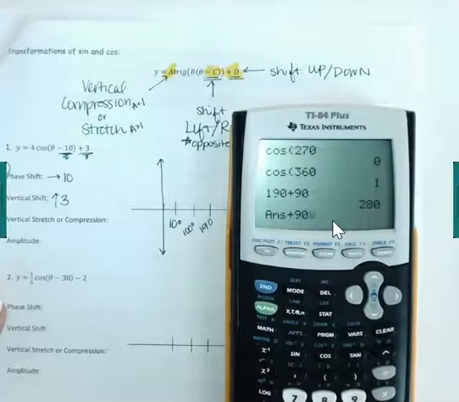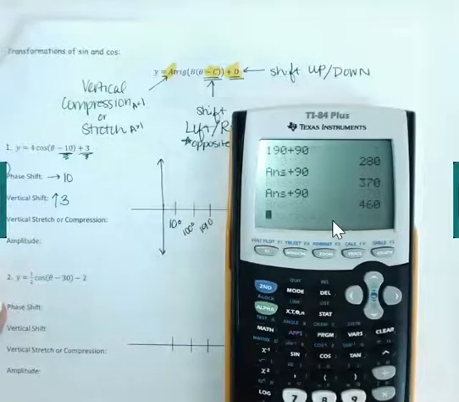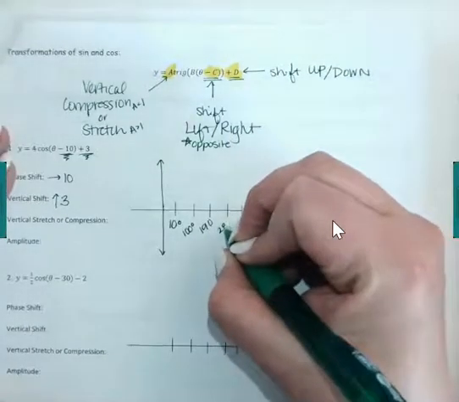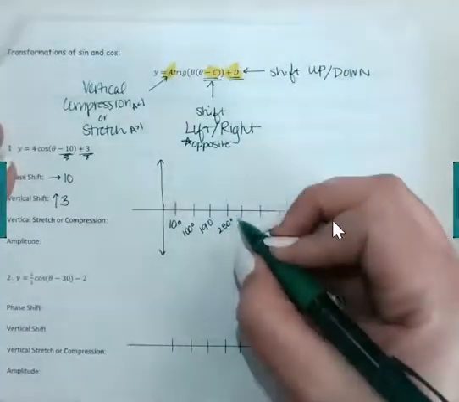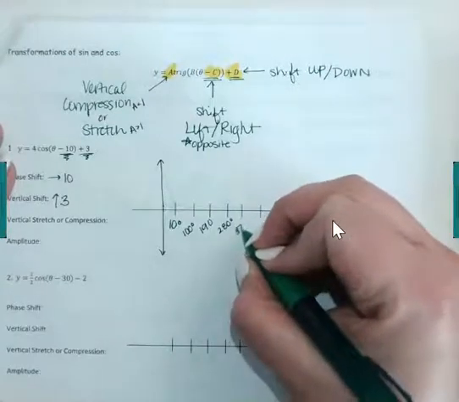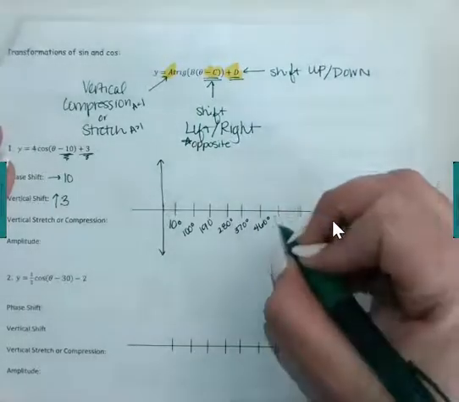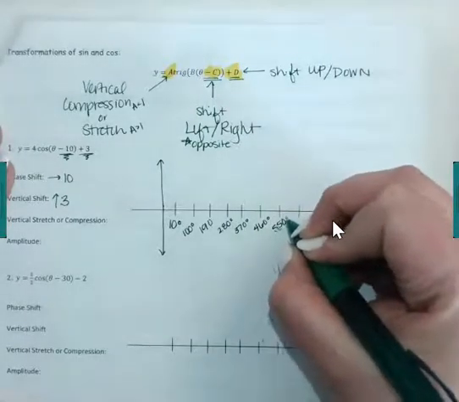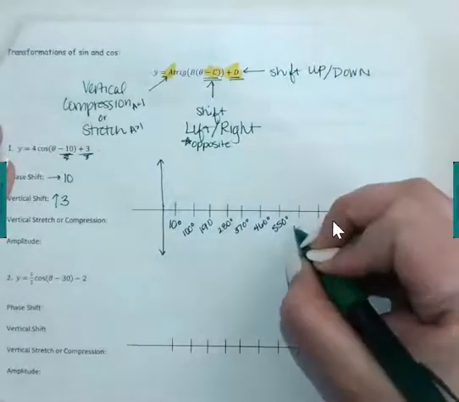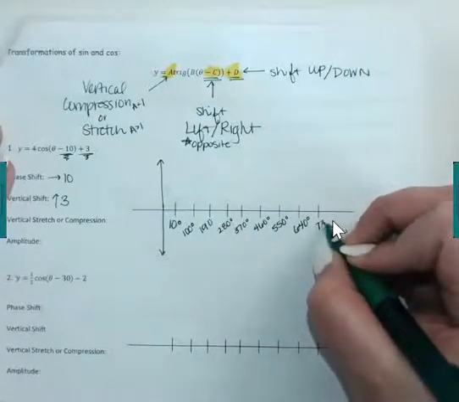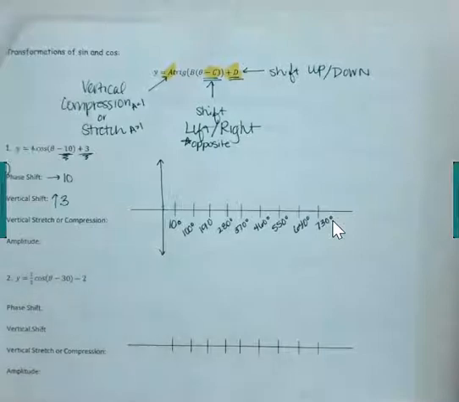Plus 90 more, what's my next one? 370. Plus 90 more. You're just going to continue marking the x-axis like that. So 280, 370, 460, 550, and then last one, 730.